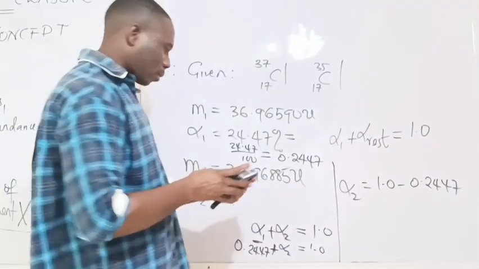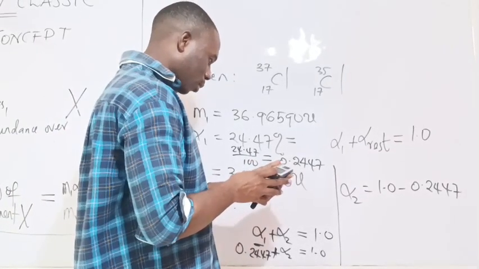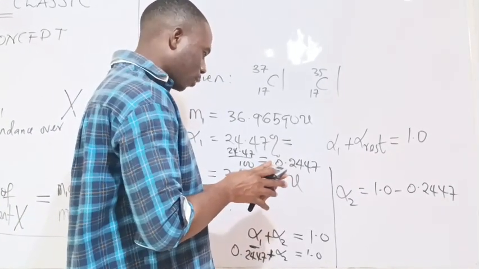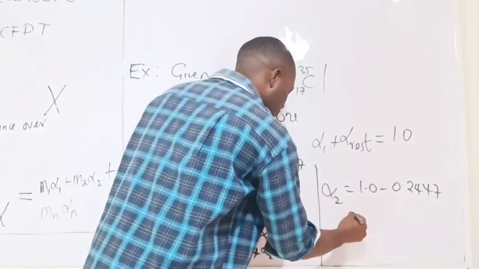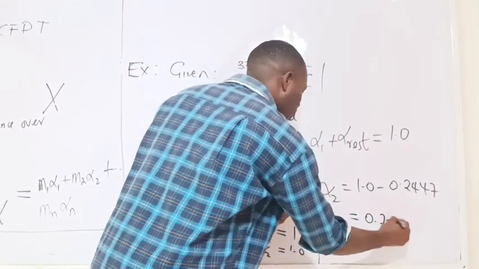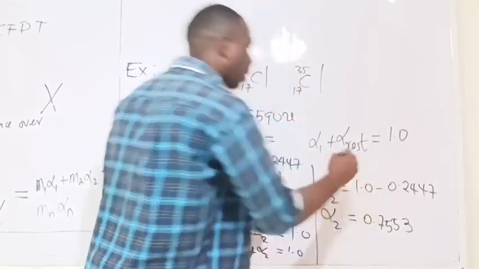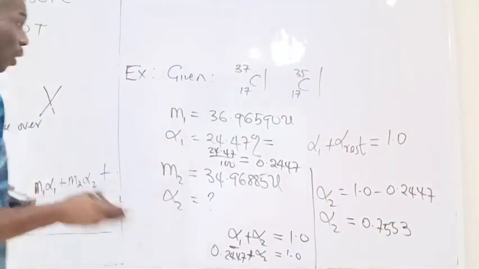Check this out: this is exactly 0.7553. This is the second fractional abundance. And of course, we are good to go.